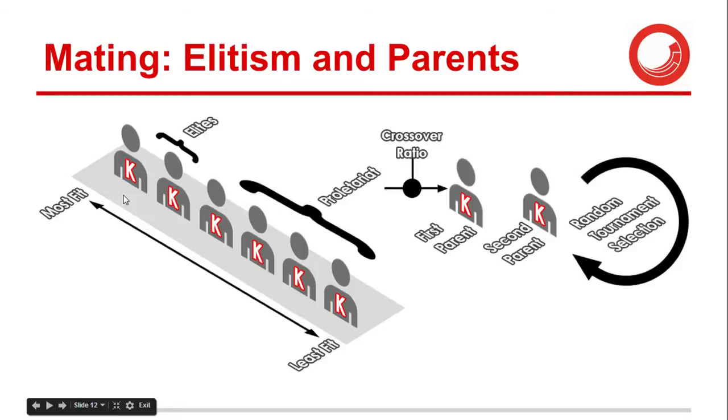Mating in and of itself is a process, and mating only uses a subset of the population. So there are what are known as elites. Elites is a percentage of your population that doesn't get removed during the evolutionary process.